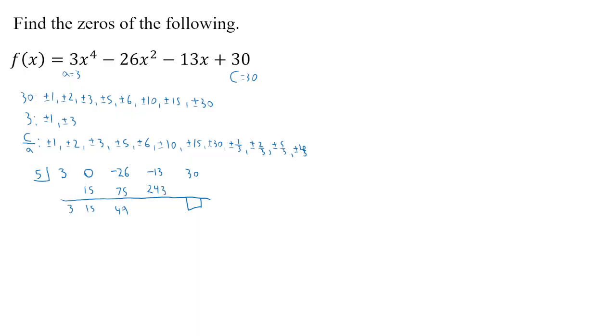Negative 13 plus 245 is 232. 5 times 232 is 1,160. And 30 plus 1,160 is 1,190. So as you can see, the remainder is not 0. Therefore, 5 is not an actual root. So we're going to try another number.